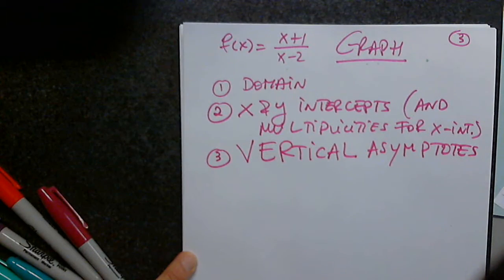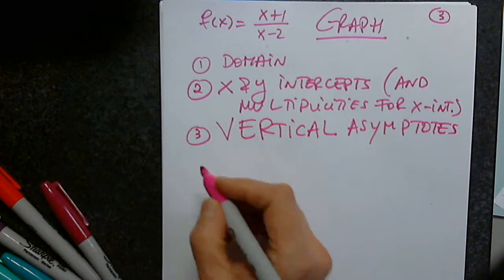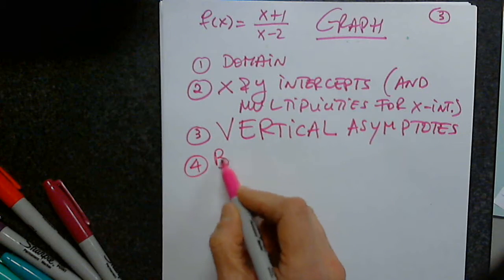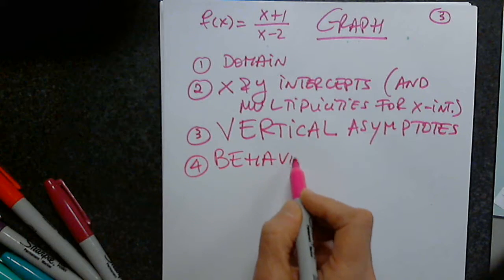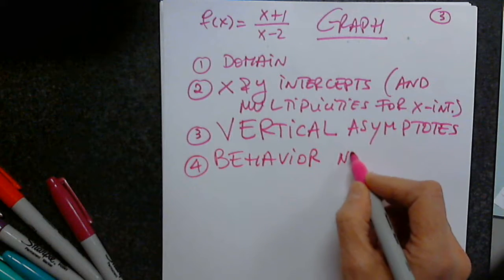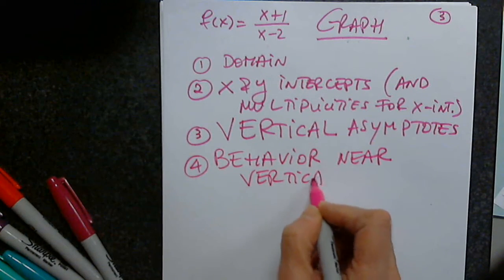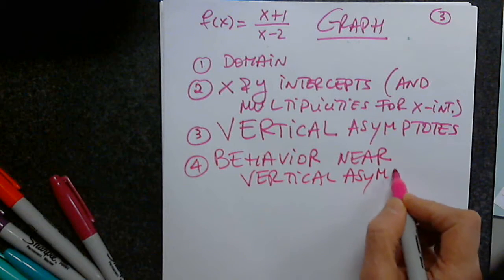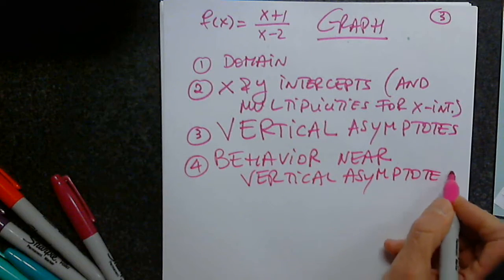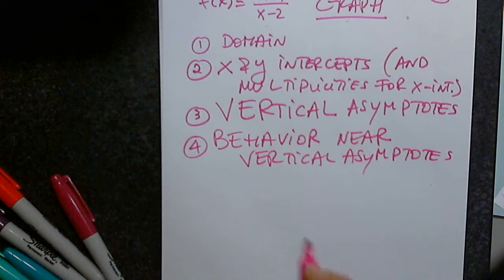This is new. 4. Behavior near vertical asymptotes. 5.